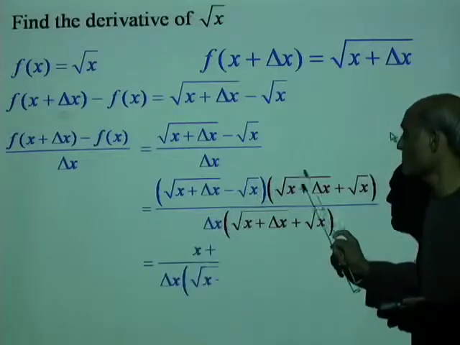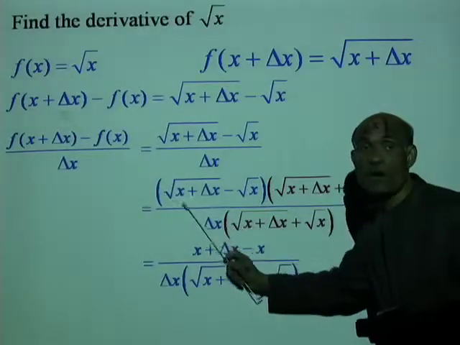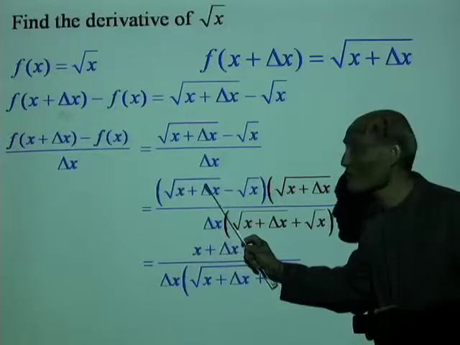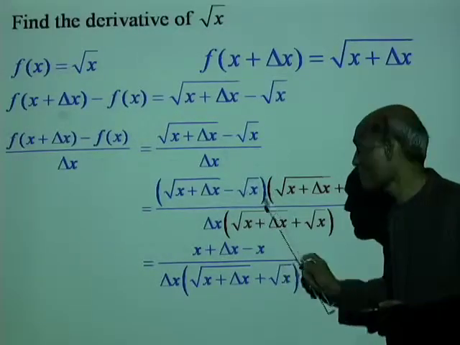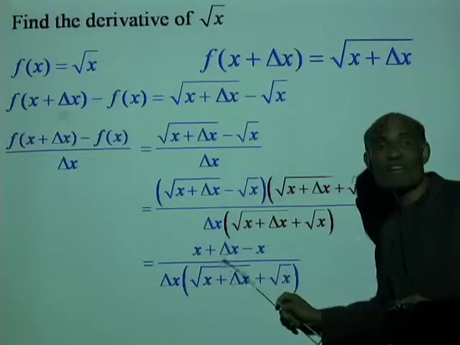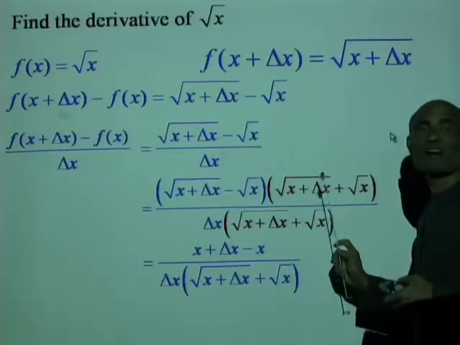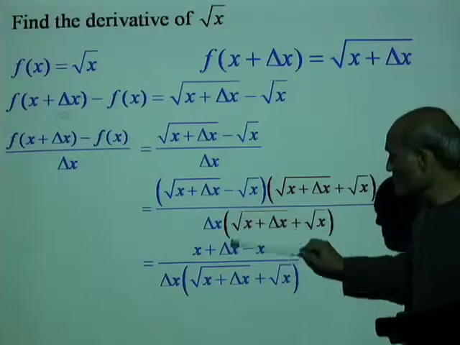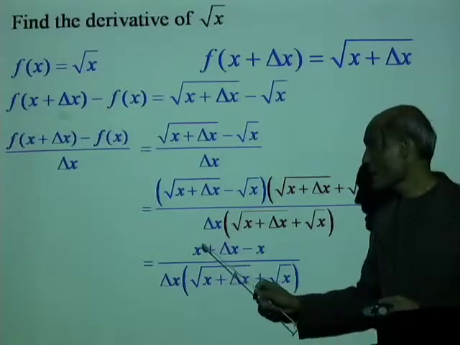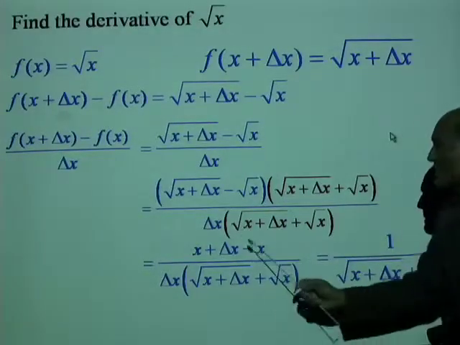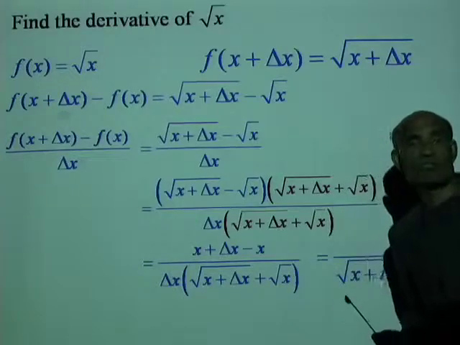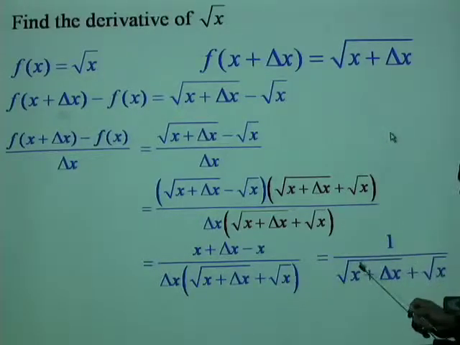So what does this become in the numerator? It will be a squared, the square of this will be x plus delta x, minus b squared is square of this quantity minus x. Now look at the way the numerator simplified dramatically there. The denominator remains the same. And on the numerator, x and negative x cancel, and the result is 1 over square root x plus delta x plus square root of x.